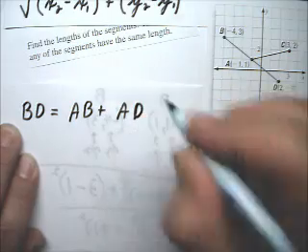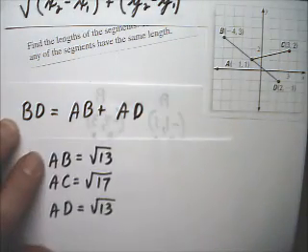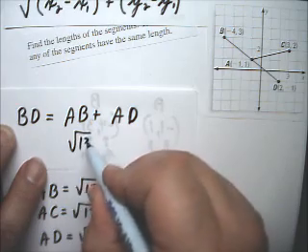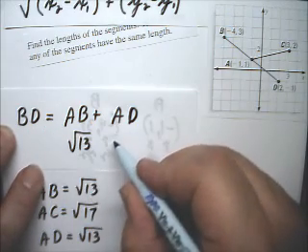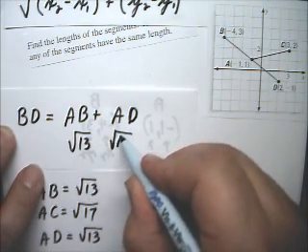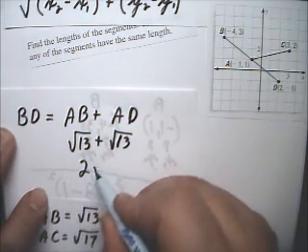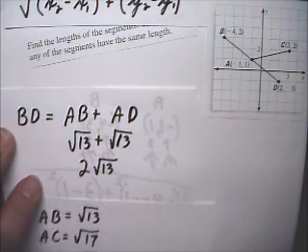So AB is the square root of 13. AD is also the square root of 13. So that's 2 square roots of 13.